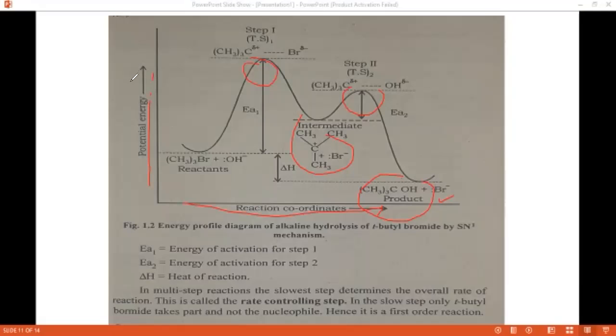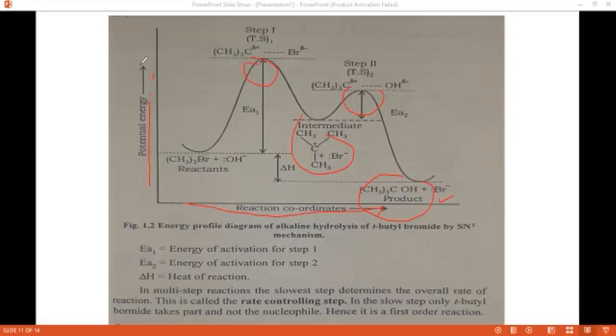Now, what is the energy of activation? Energy of activation is the energy that must be supplied to the reactant in order to form the transition state. It is equal to the difference in the potential energy of the reactant and the transition state.